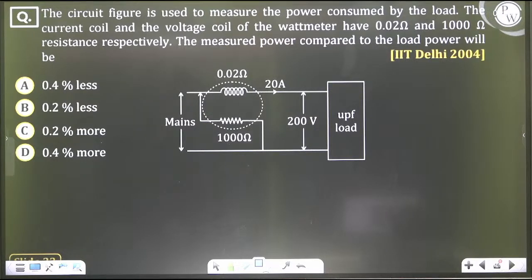The current coil and the voltage coil of the wattmeter have 0.02 ohms and 1000 ohms resistance respectively. The measured power compared to the load power will be dash. Option A 0.4% less, option B 0.2% less, option C 0.2% more, option D 0.4% more.